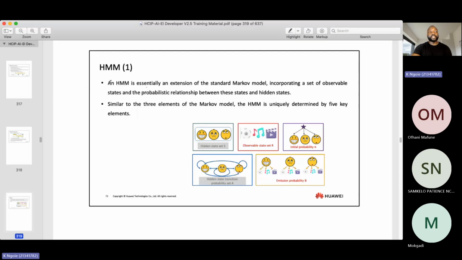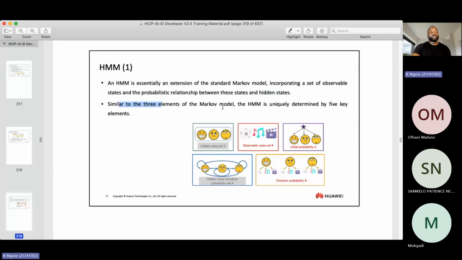You understand that the hidden Markov model is essentially an extension of the standard Markov model. The difference is just that we also have hidden states. We don't just have observable states. So we have hidden states and observable states, and the probability relationship between the observable state and the hidden state.